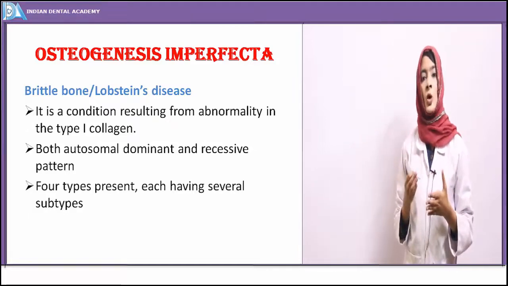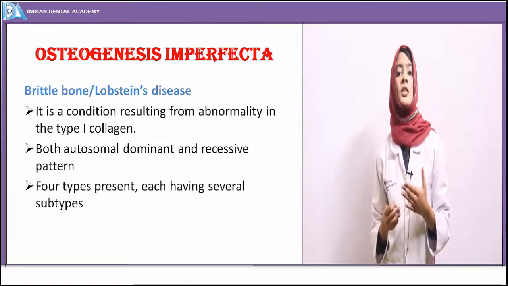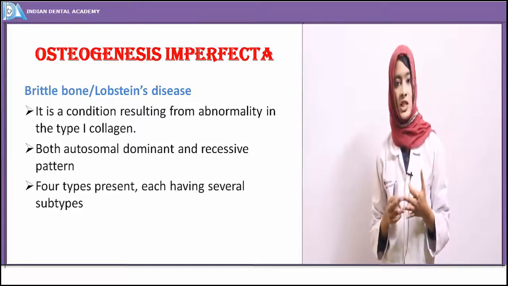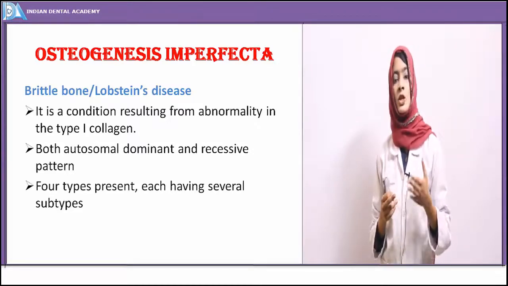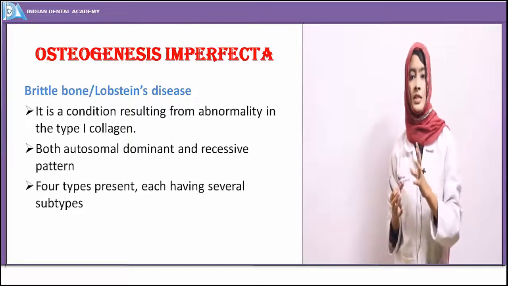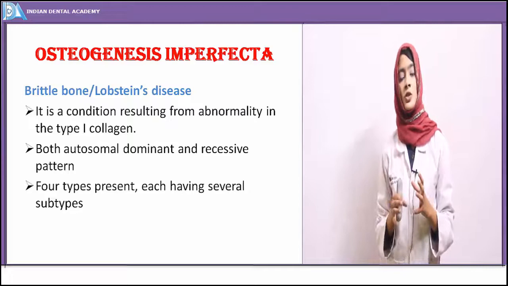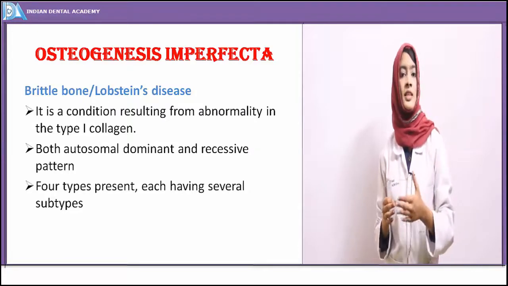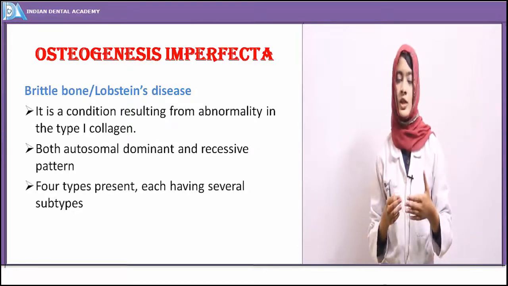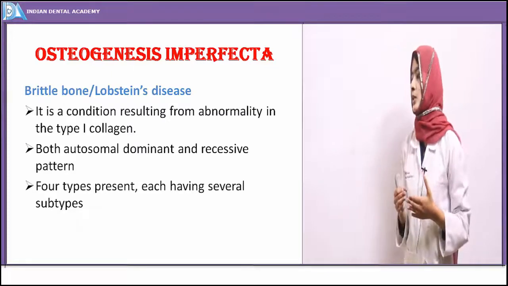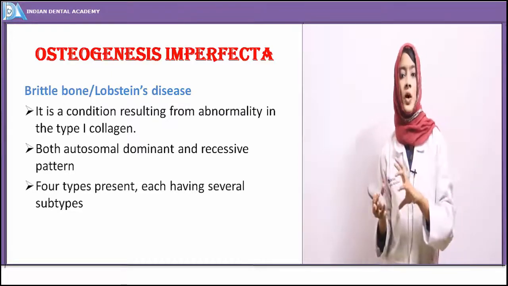Type 1 collagen is normally seen in bones, organ capsules, fascia and sclera. So these are the places where type 1 collagen is seen. In this condition there is a defect in formation of type 1 collagen, so all these areas are affected. There is both a qualitative and quantitative defect.